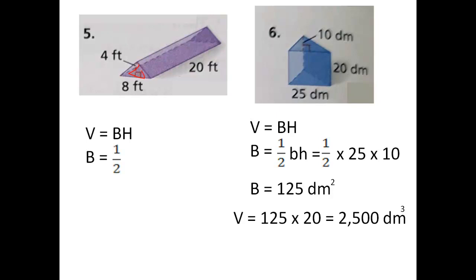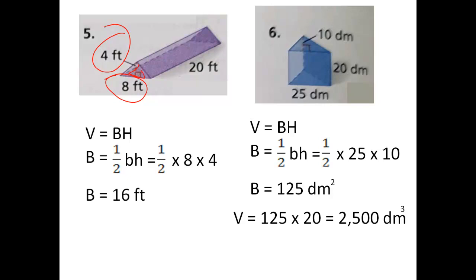But here the base and the height are for the triangle. Where are the base and height for the triangle? We have 8 and we have 4. So half 8 multiplies 4. Half 8 is 4, multiplies 4, so it equals 16 feet square. And what is the volume here?